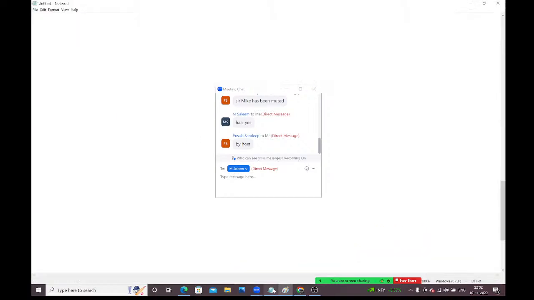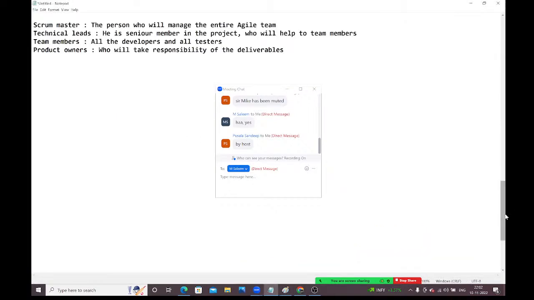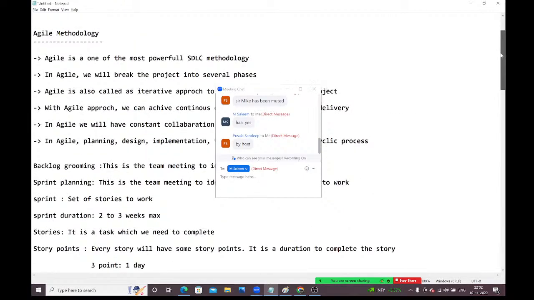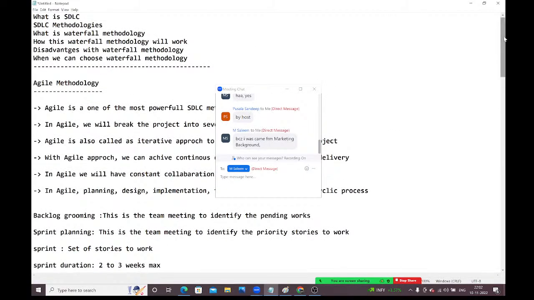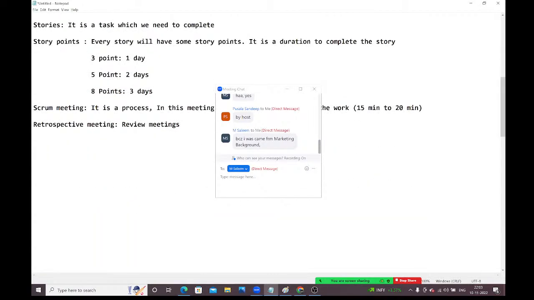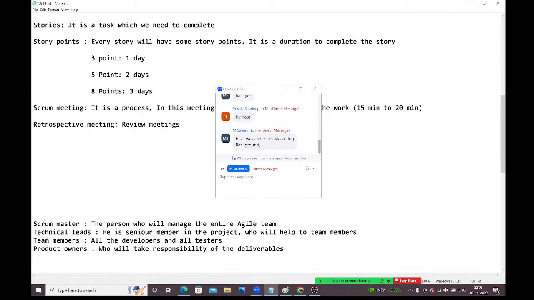Whatever I mentioned in this notepad, just go through it and explain whatever I have given in yesterday's session and today's session. That's it. Once you start working with the agile methodology, you will automatically get used to the process. It is just a process, man. That's it.